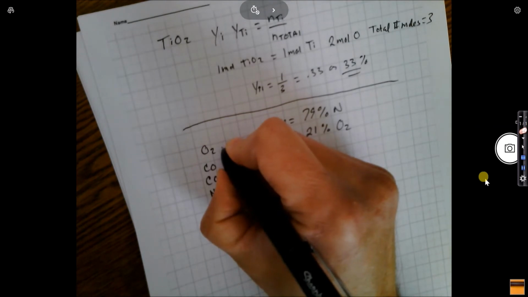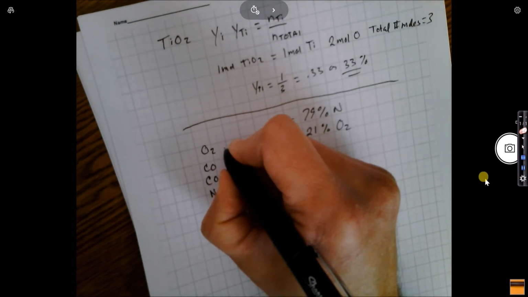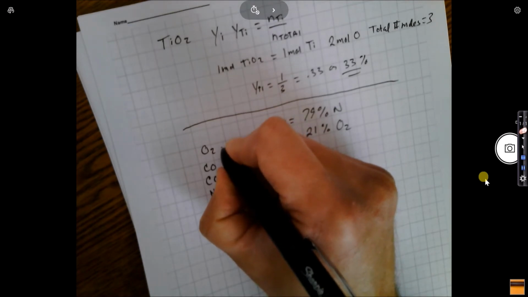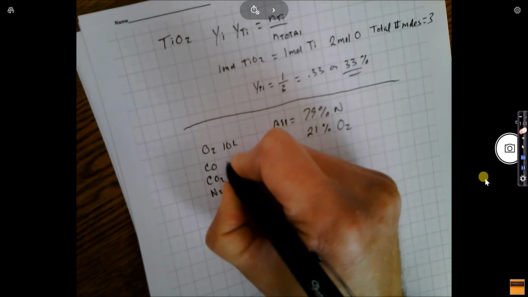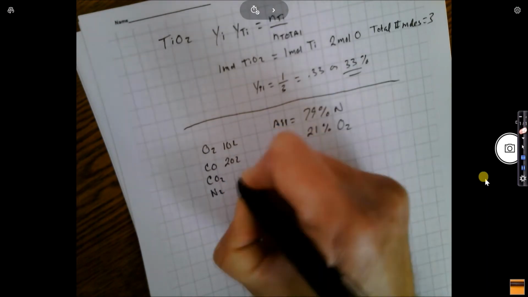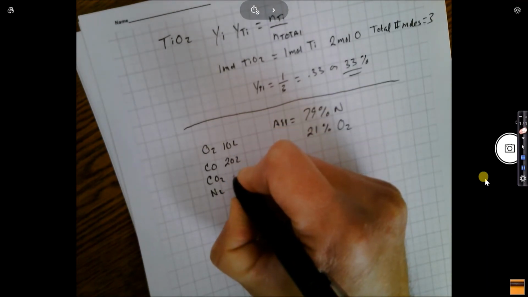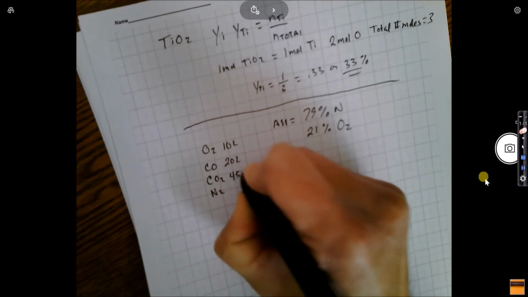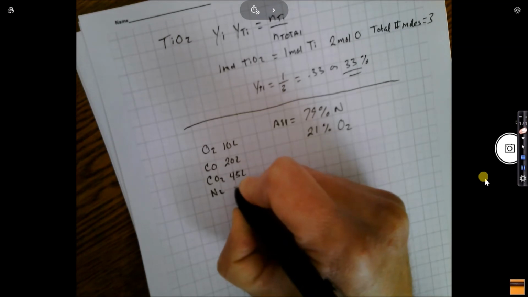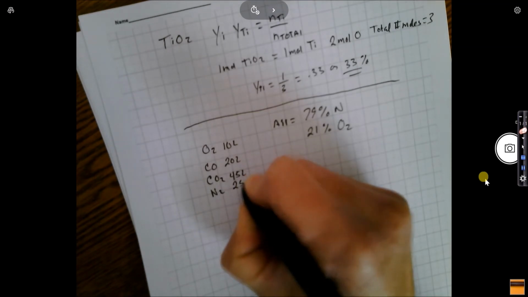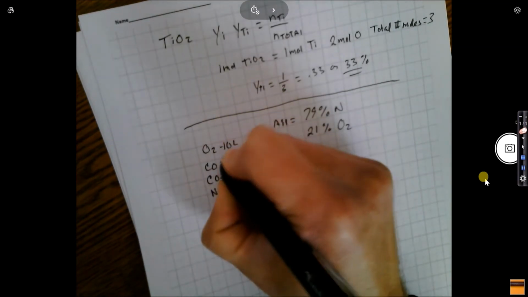Let's say we can look at it from 2 ways. So let's say we have 10 liters of oxygen, 20 liters of carbon monoxide, 45 liters of carbon dioxide, and let's do 25 liters of nitrogen, okay?